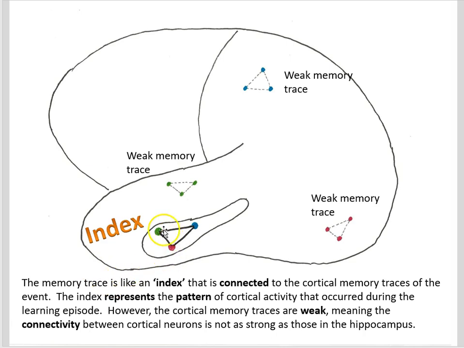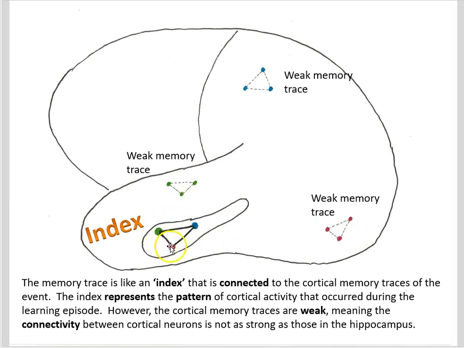Now, the memory trace in the hippocampus is like an index. It is connected to the cortical memory traces of the event, and the index represents the pattern of cortical activity that occurred during the learning episode. So this memory trace in the hippocampus is connected to the memory traces in the cortex. After all, these cortical regions were sending the information down into the hippocampus in the first place.